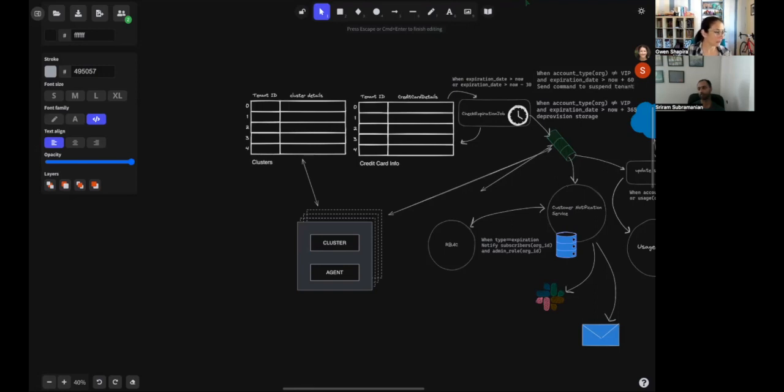Yeah, so I think the way this would work is suspending a tenant needs a lot more things to happen. Exactly. So we basically just tell the data plane suspend, and then the data plane will have its own Kubernetes actions taken, or Terraform, whatever you need to do to suspend it. That'll be the data plane action, I guess.